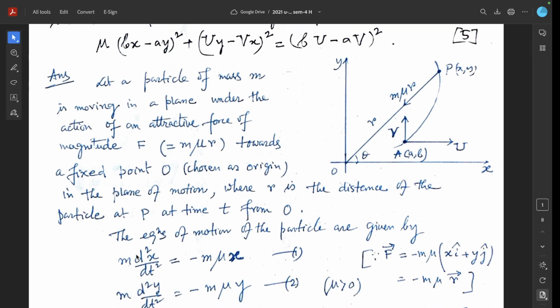The x component is m d2x/dt square equal to minus m mu x, because this force F is equal to minus m mu r.